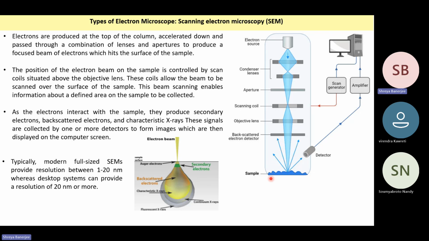Sometimes it will hit here, then it will hit here. So basically by controlling the coil, we can allow the beam to be scanned over the surface of the sample. So the beam will scan over the entire sample surface, and it collects information about a defined area on the sample surface.